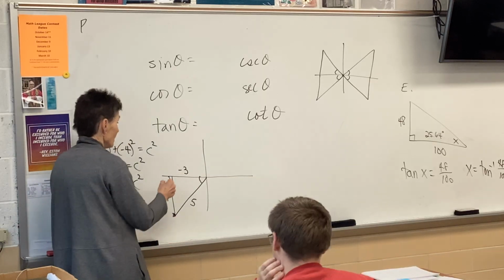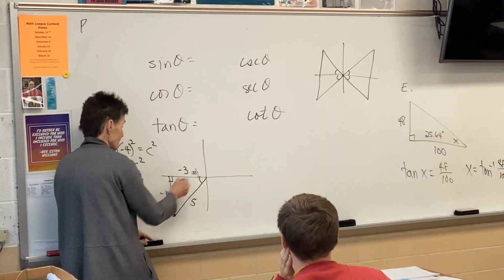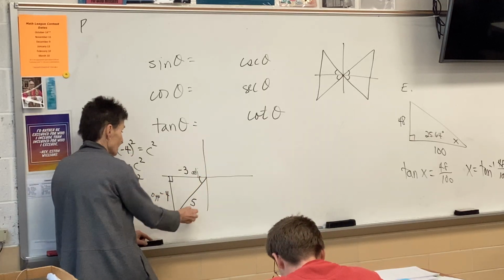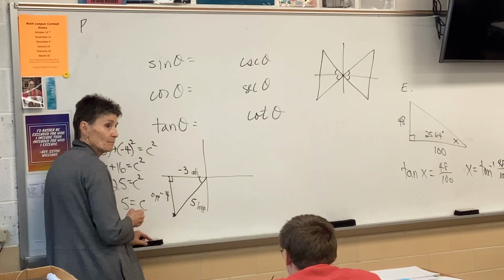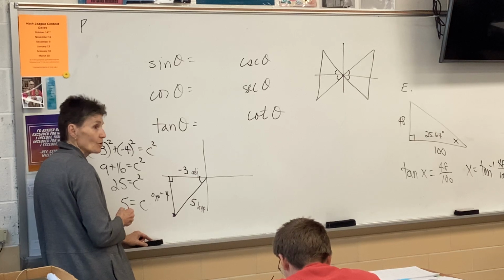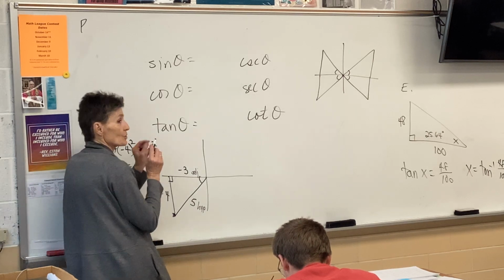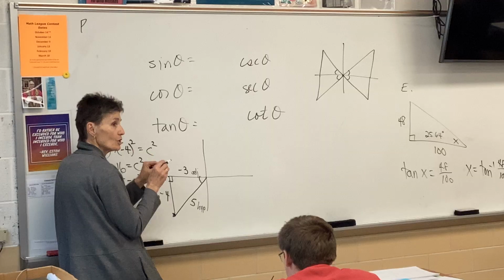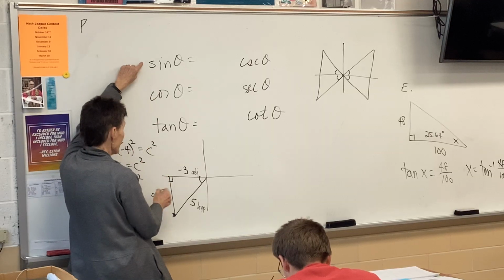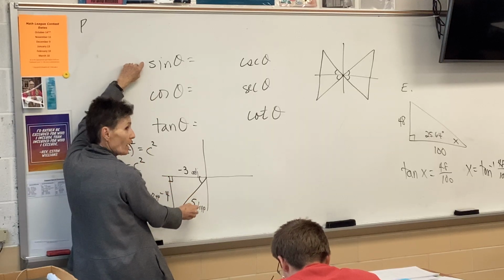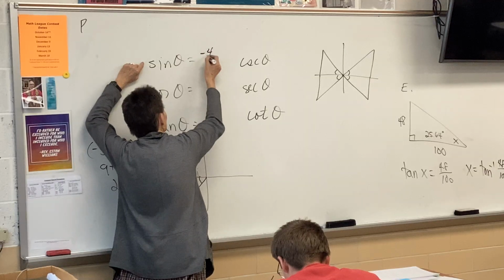Yeah. This side is adjacent, this is opposite, and this is hypotenuse. So here we go. SOHCAHTOA. Sine is opposite over hypotenuse: -4/5.